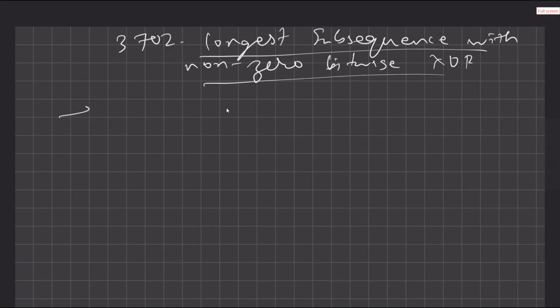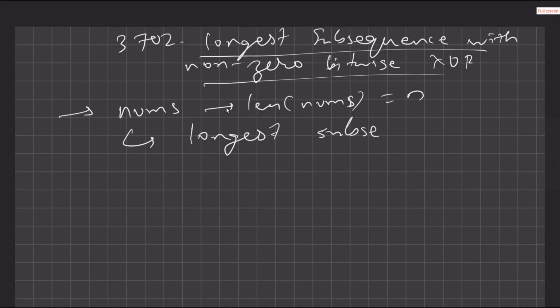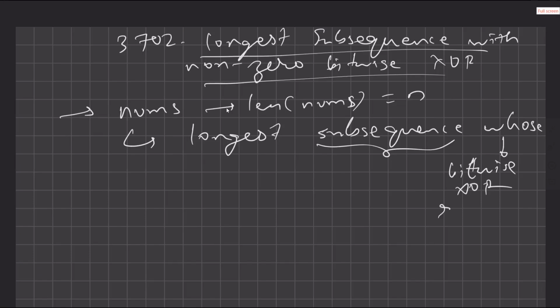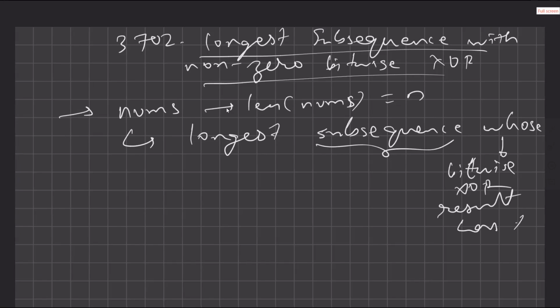In the problem statement, they'll give an array nums whose length is n, and we need to find the longest subsequence, whose, whatever subsequence you find, if you do the bitwise XOR operation, the result has to be non-zero, which means the result has to be any positive integer.